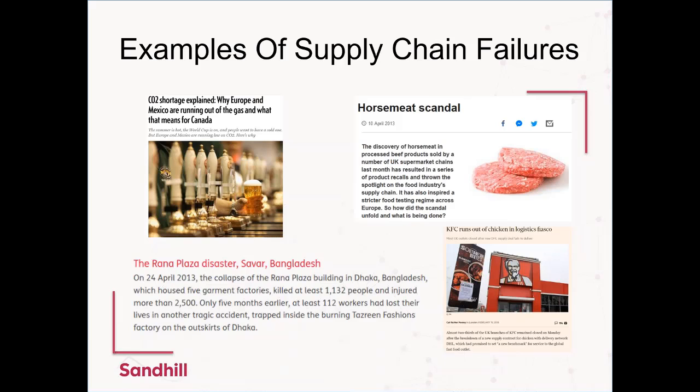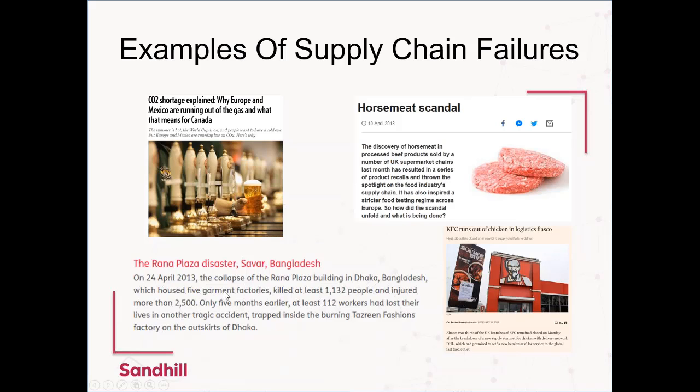There have been other examples of incorrect and improper labeling or supply of incorrect contents for the manufacture of burgers, for example, and poor logistics for KFC. And then there have been other instances which have been completely outside of the control of the supply chain, but nonetheless have still had an impact on the reputation of the participants who are sourcing their content from one of the suppliers.